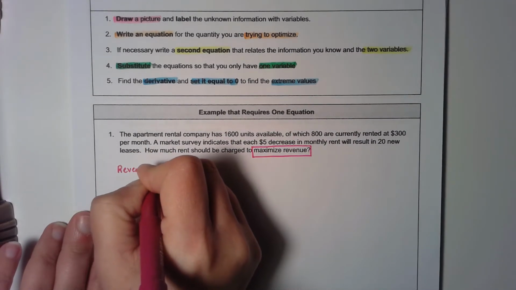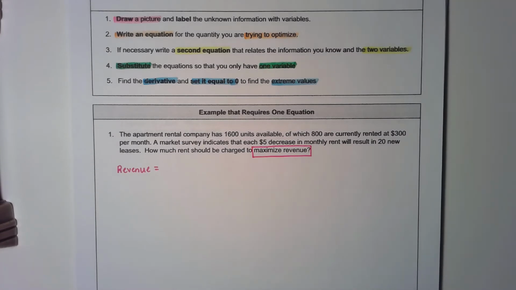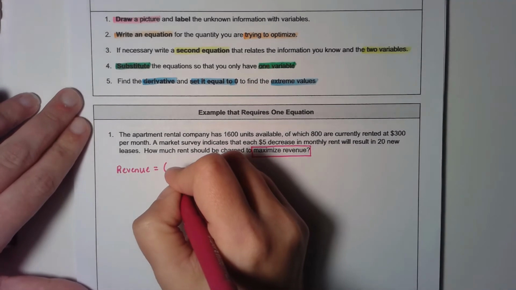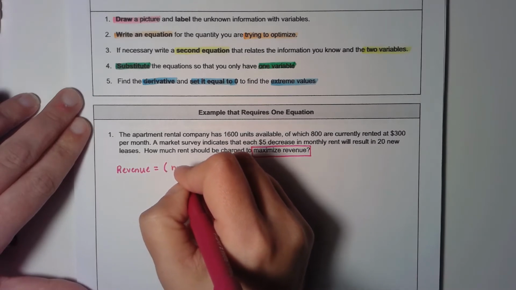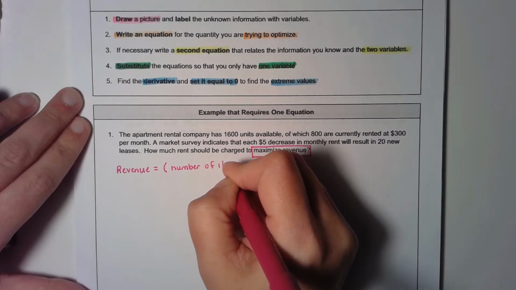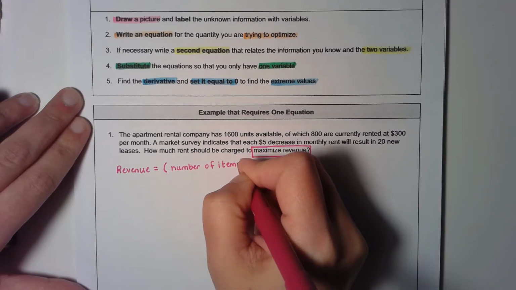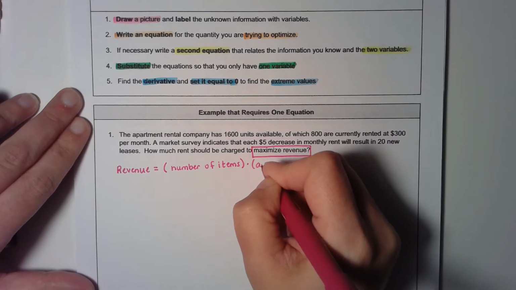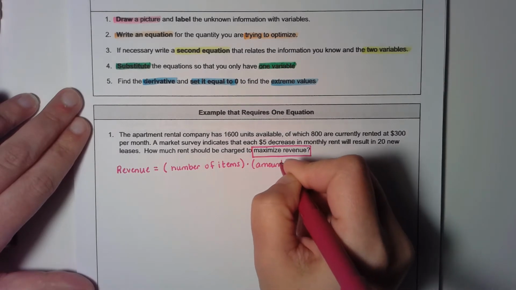Now, when I think about revenue, I think that we can always find revenue, or the amount of money we're going to make, by multiplying together the number of items, in this case, apartments, times the amount that we make per item.